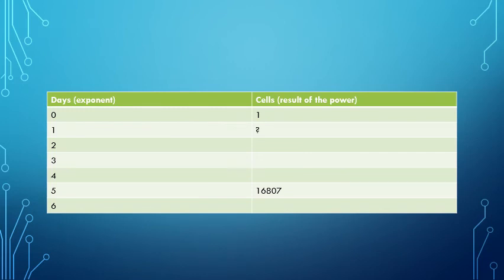Okay, you may remember this. This is the chart that we use to organize the information in problems related to exponential growth. You may remember that in problems like this, we treated the number of days as an exponent. So we always start in day 0, because that's when it all started and there was only one cell.